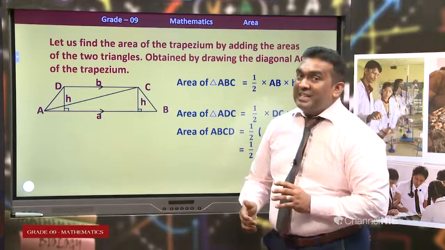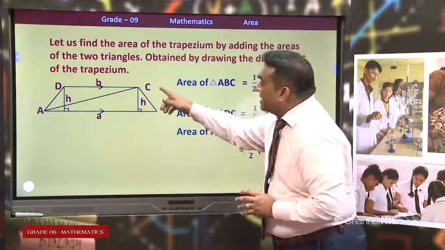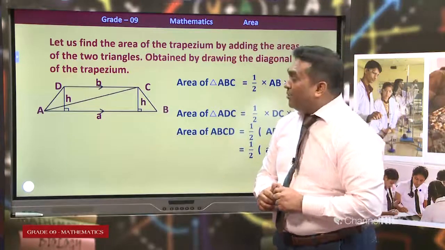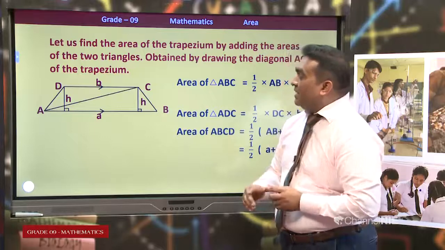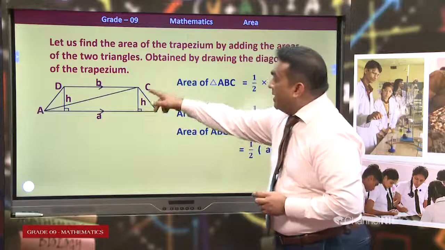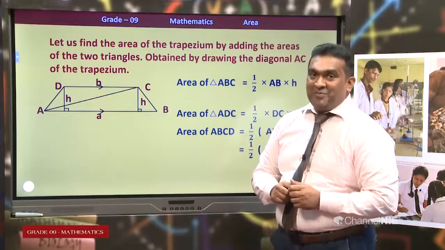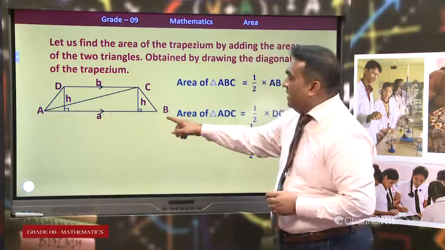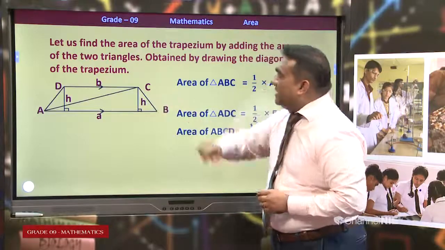We want to consider triangle ABC and triangle ADC. If you want to find the area of a triangle, we know that base and perpendicular height are needed. What is the base? Base is AB, perpendicular height is h.